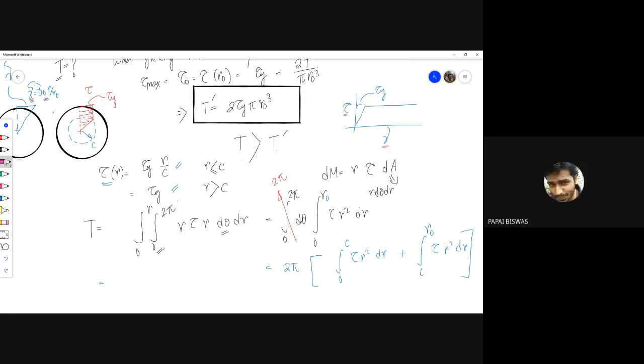So 2 pi tau y into R0 cube bracket R0 by 4c plus 1/3. Is it the expression?